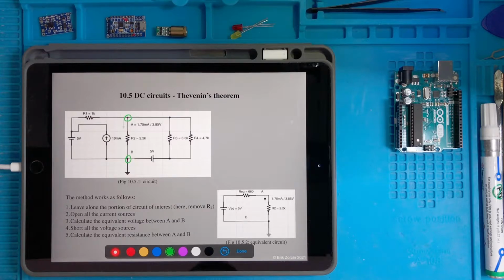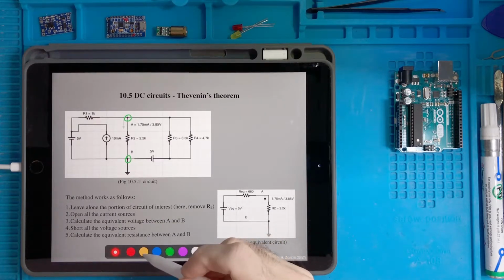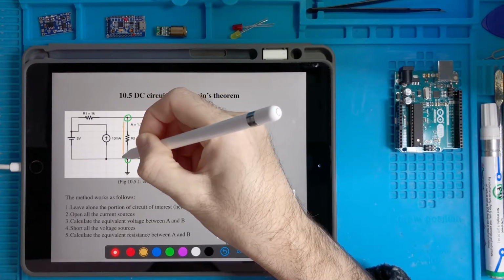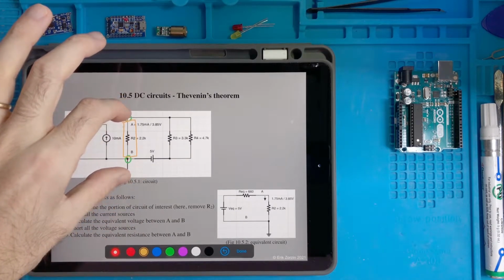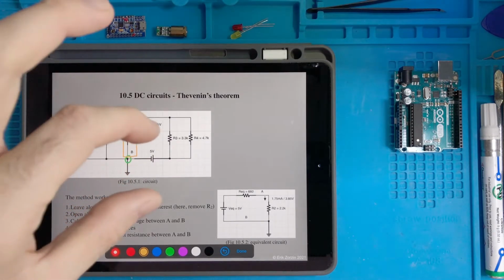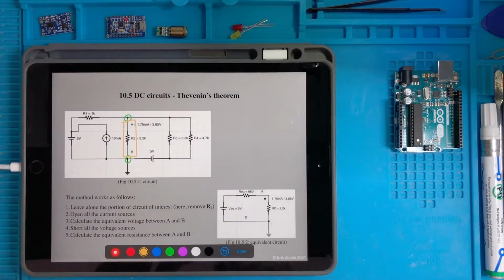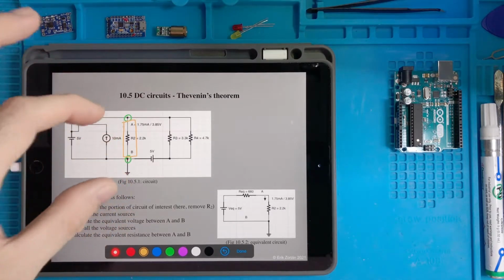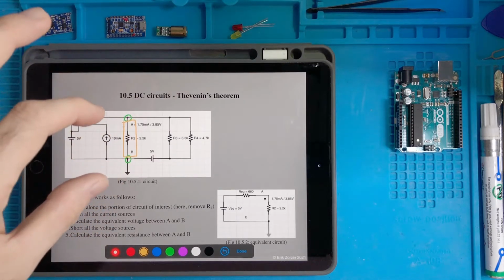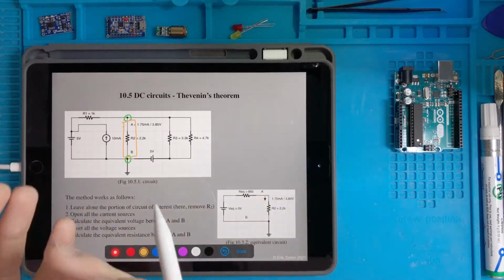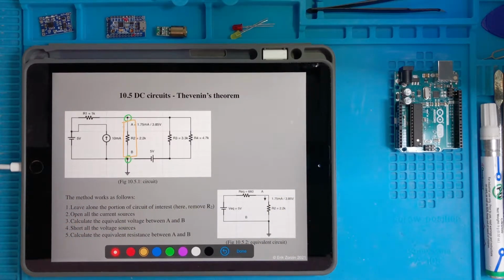So the question is, if I focus my attention on this branch between the nodes A and B, imagine that I can pick up this resistor and elevate it like this, and all the rest of the circuit will be deformed in order to have it still connected. So if I isolate this thing but leave everything connected and put all the rest in a black box, can I do something in order to simplify the circuit?